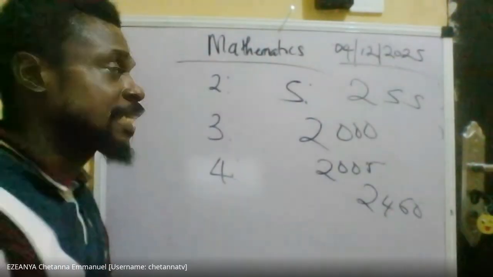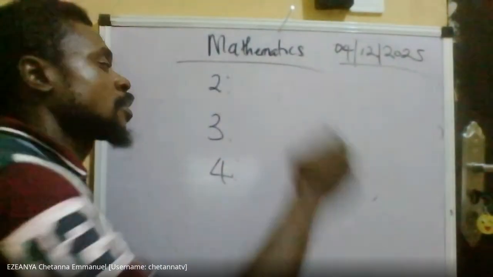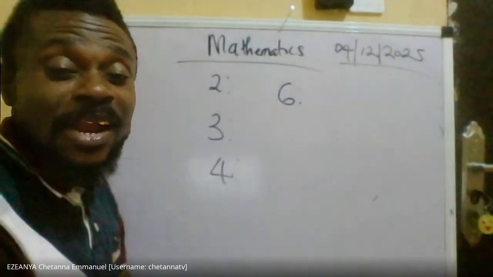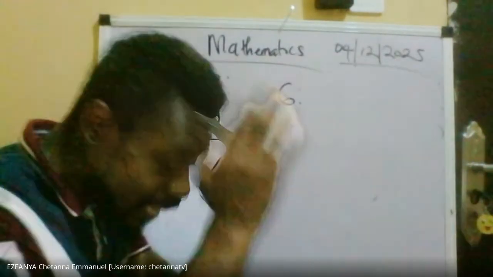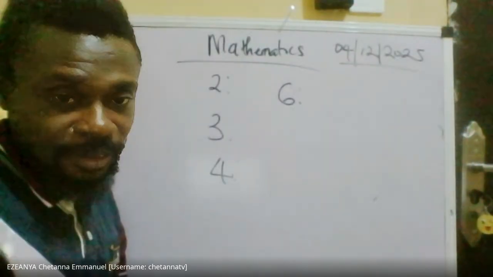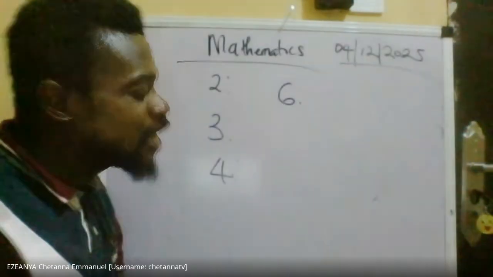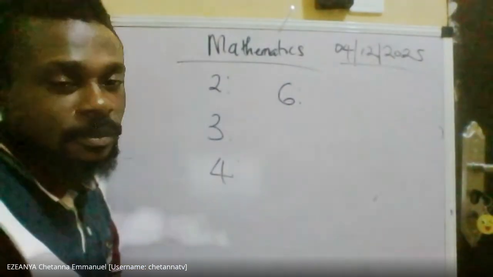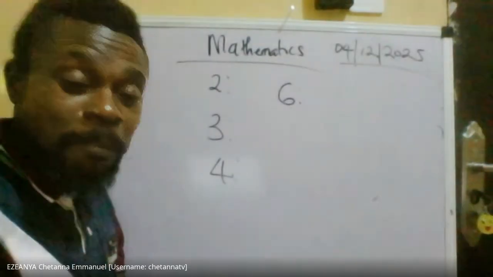Now let's look at 6. If you see a number that is divisible by 2 and 3, once a number is divisible by 2 and 3, that number will definitely be divisible by 6.